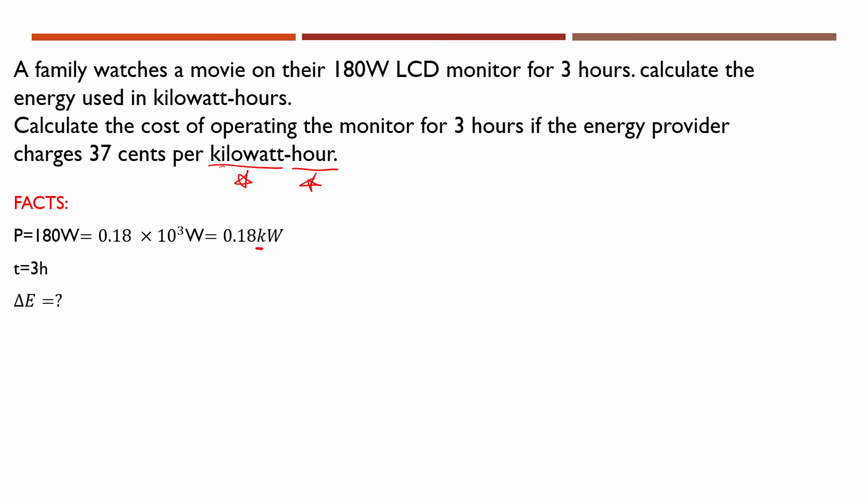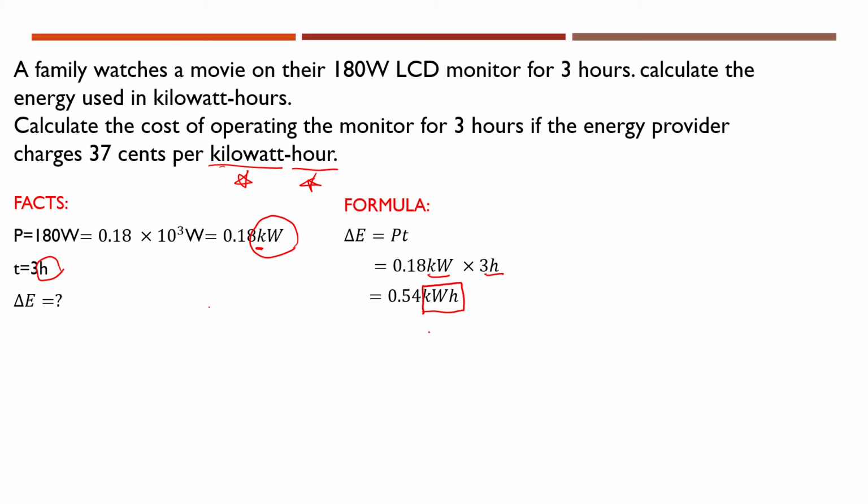My delta E is a question mark, so I have to use that equation. Delta E equals PT. And then once it's in kilowatts and once it's in hours, you can just times them together and get the unit of kilowatt hours. If you don't get an answer that's in kilowatt hours, your answer unit won't be right. Basically, your answer won't be right. So 0.54 kilowatt hours.